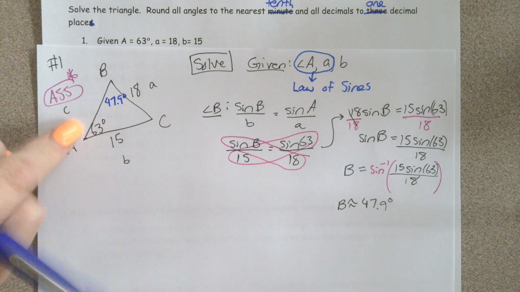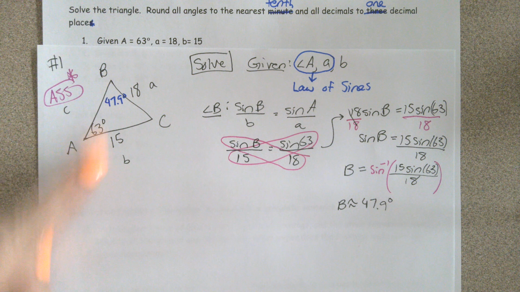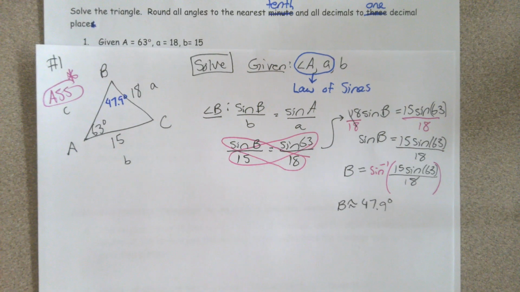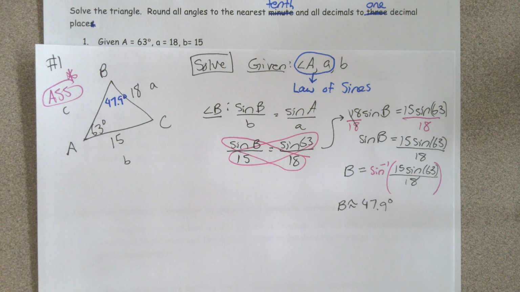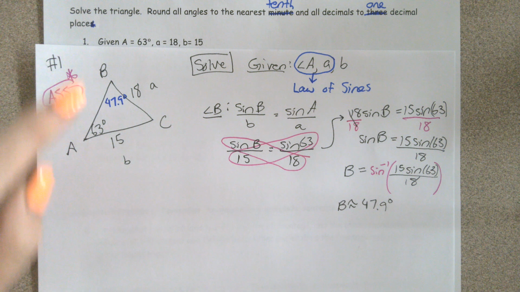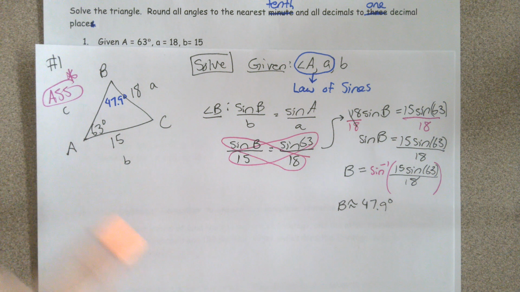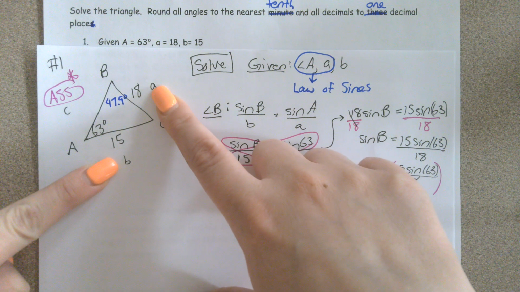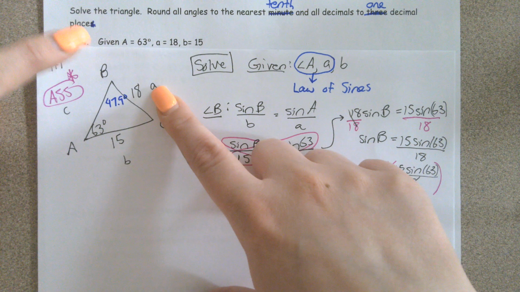It is by design. If you remember the angle-side relationship, the largest angle is across from the longest side, and the shortest side is across from the smallest angle. So the sizes match up. Notice that side a is bigger than side b. That means that this is going to hold for the angles as well.